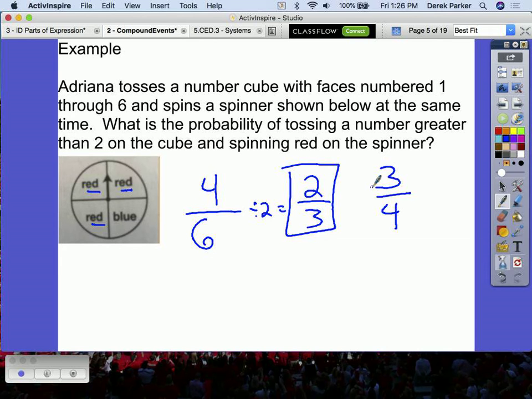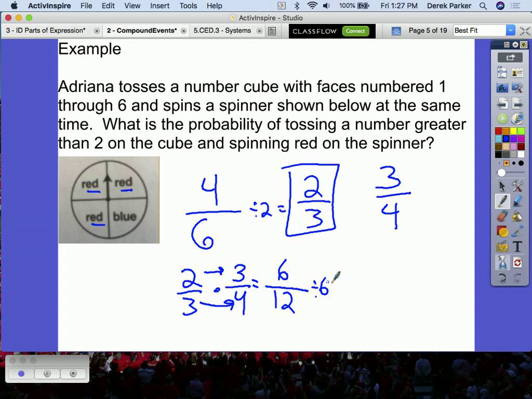Now the question is asking, what is the probability of tossing a number greater than 2 on the cube and spinning red on the spinner at the same time? To do this, you take the first probability and you multiply it to 3/4, the second probability. 2 times 3 is 6. 3 times 4 is 12.